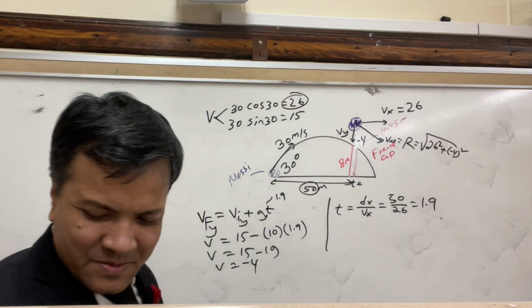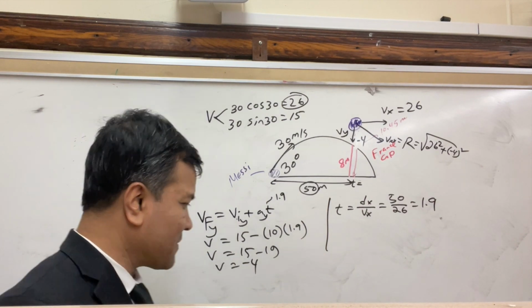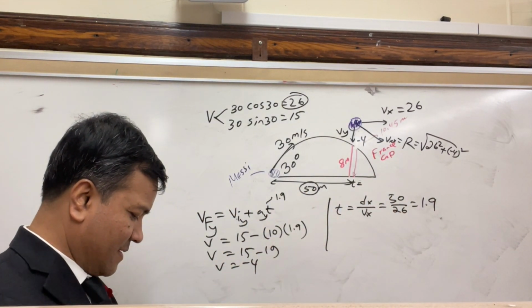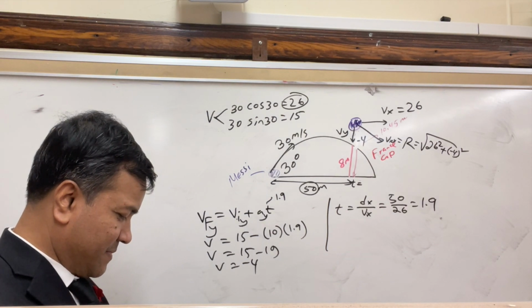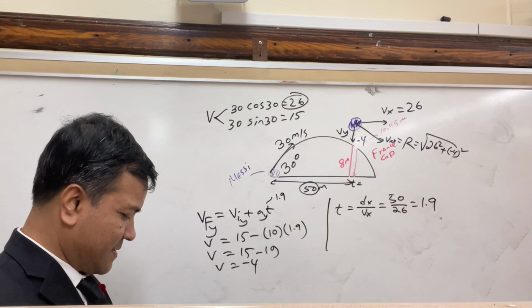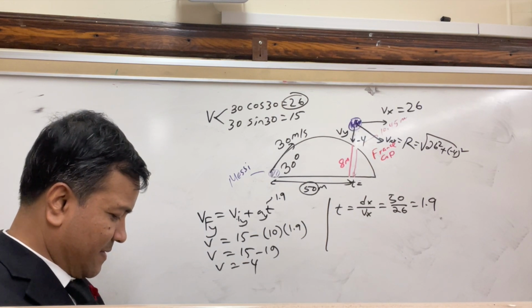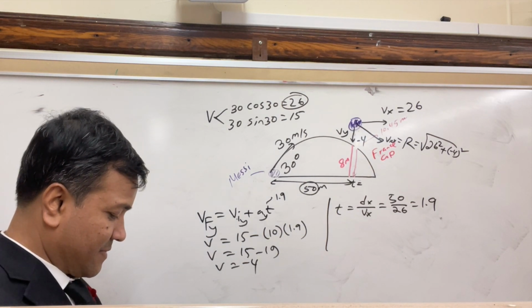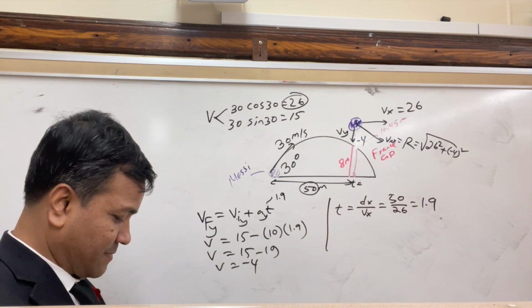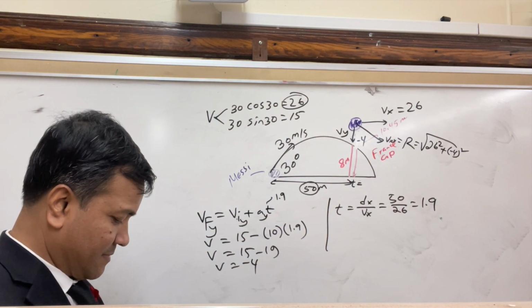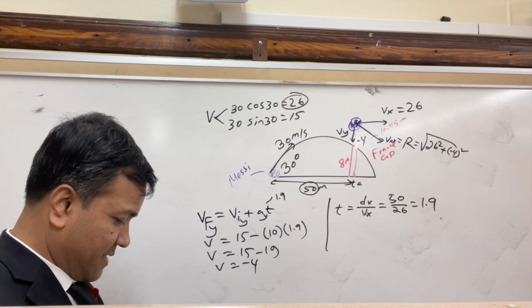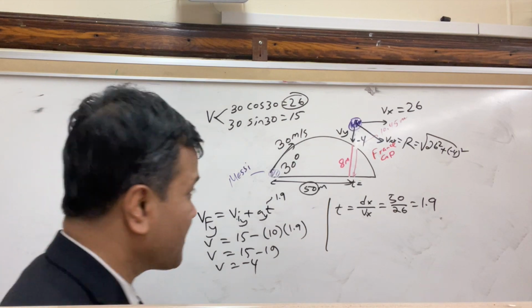I'm going to use the calculator. 26 squared plus minus 4 squared, then take the square root, 692, and that is 26.3.